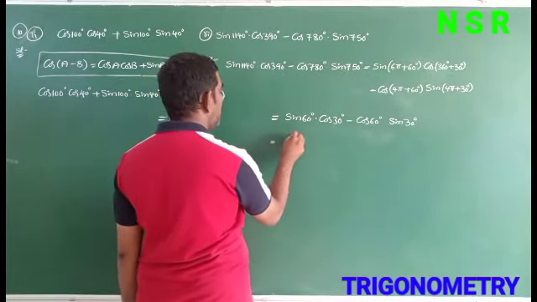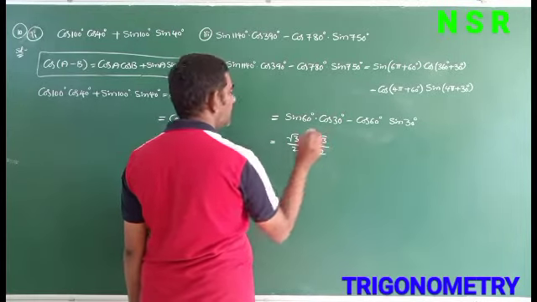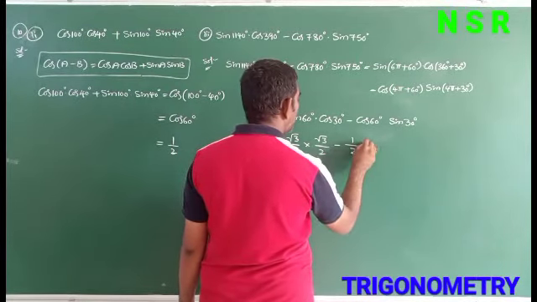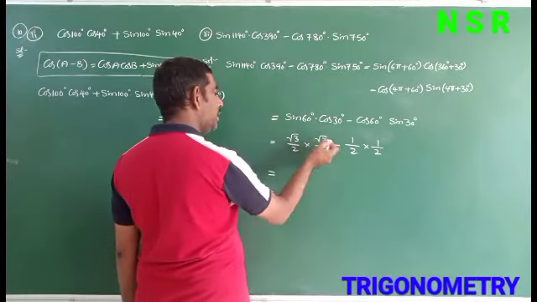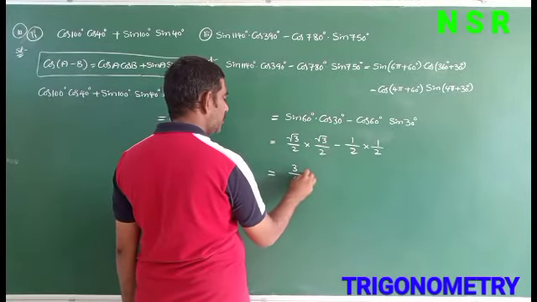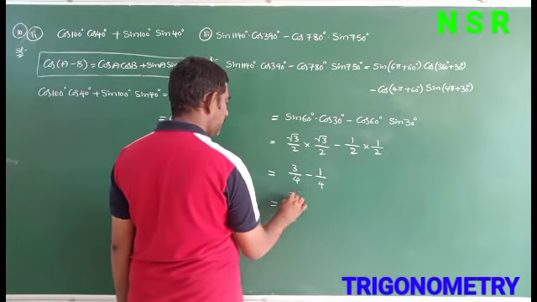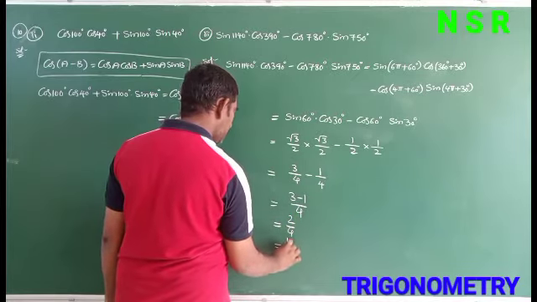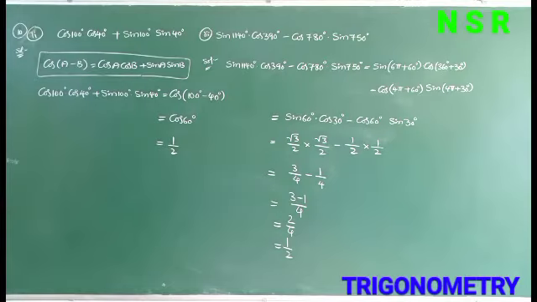So sin 60 value is root 3 by 2, cos 30 value also root 3 by 2. Cos 60 value is 1 by 2 and sin 30 value also 1 by 2. Root 3 into root 3 is 3, 2 into 2 is 4, minus 1 into 1 is 1, 2 into 2 is 4. Now 3 minus 1 by 4, 2 by 4, it is equal to 1 by 2. So the value of the third bit is 1 by 2.